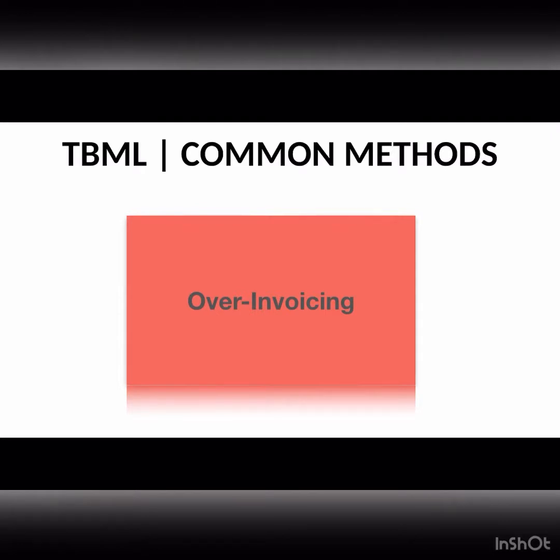The exporter submits an inflated invoice to the importer, generating a payment that exceeds the value of the shipped goods. By stating the price of the goods in the invoice and other documentation above the true value, the exporter gains excess value as a result of the payment.